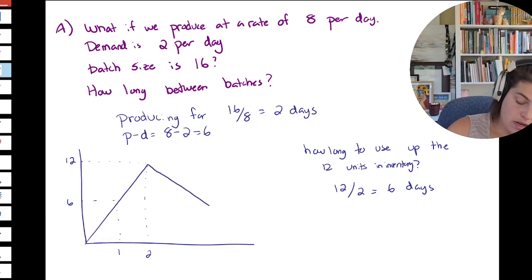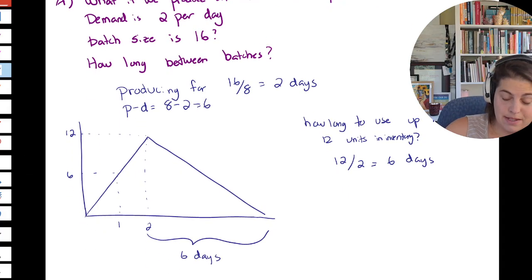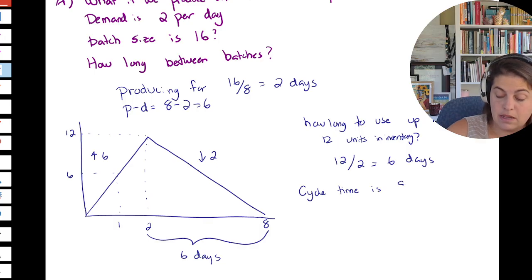So that is 6 additional days, which brings us to 8. We're going to be decreasing by the rate of demand, down by 2 per day, and going up by 6 per day. What this tells us is that our cycle time is 8. There's going to be 8 days between those batches.